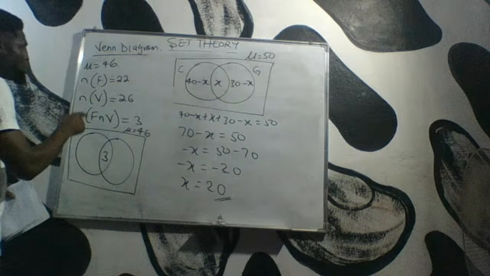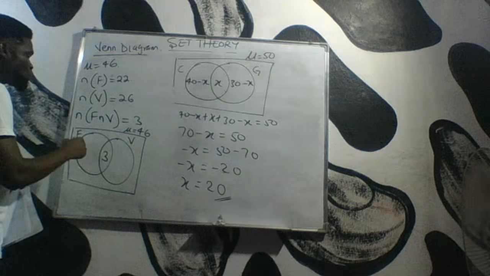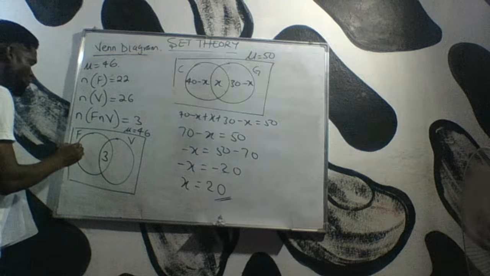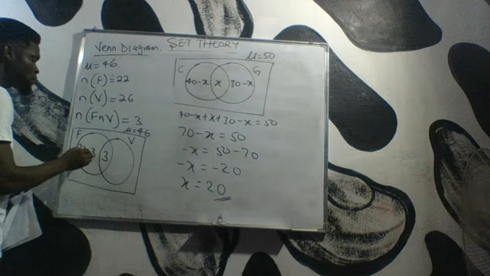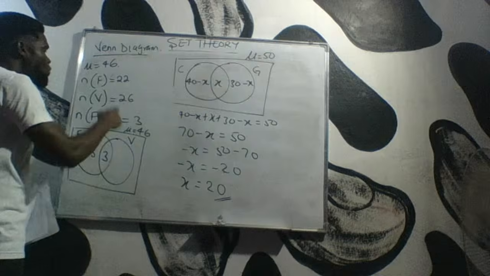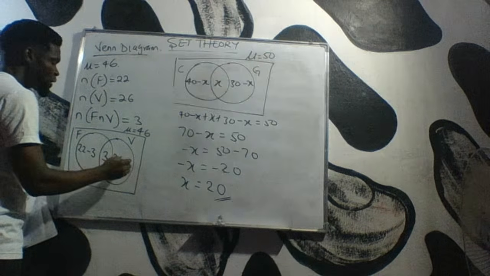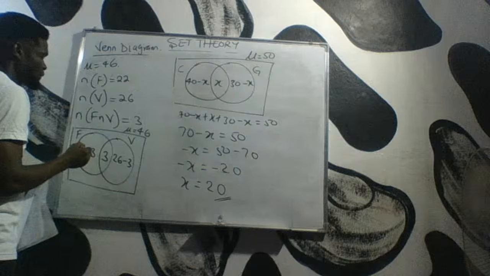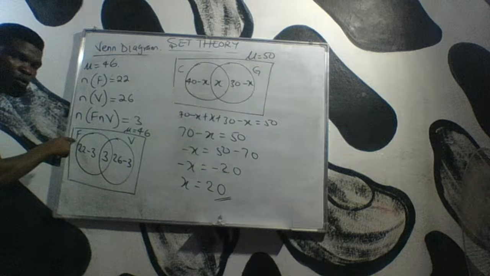Then, how many play football? Football will be 22 minus the football and volleyball, 3. Volleyball will be 26 minus the football and volleyball, 3. How many play football only?